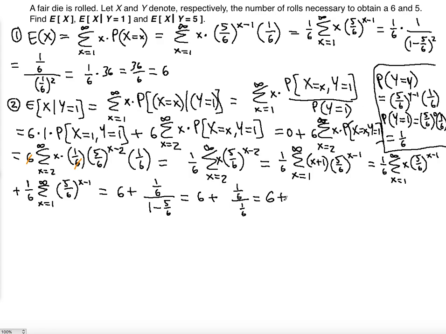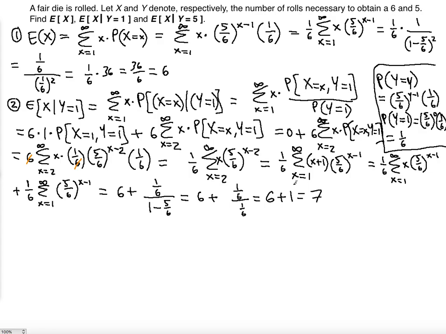So that's going to be 6 plus 1, which is equal to 7, right? So the result says that the expected value of the number of rolls required to obtain a 6, given that the first roll is equal to a 5, is 7, right?